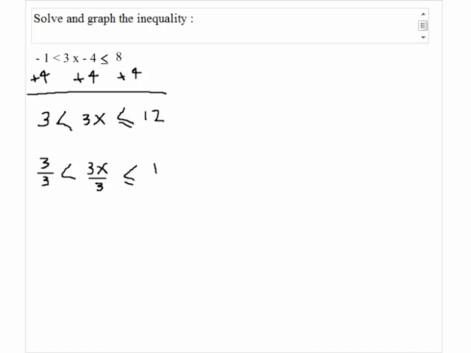We can isolate the x, so x would be in between 1 and 4. To graph this, we locate 1 and 4.